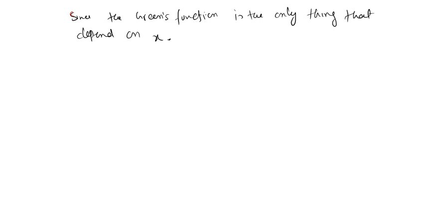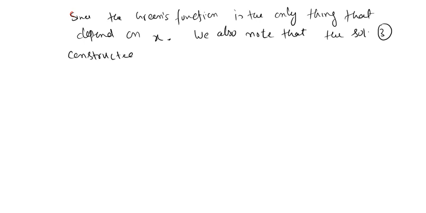And we also note that the solution 3 constructed in that way also obeys the conditions y(a) equal to y(b) equal to 0. So this satisfies the homogeneous boundary conditions.